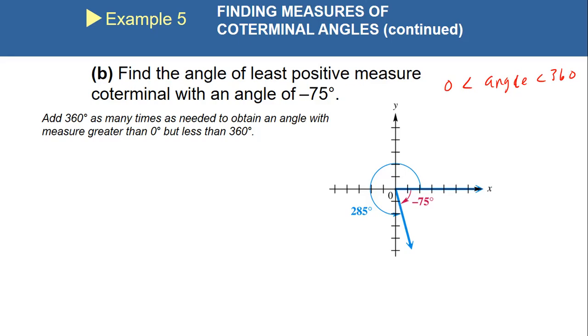So if I'm at negative 75, instead of subtracting, I add 360, and that takes me up to 285. Am I between 0 and 360? Yes. So my stopping point would be 285. There are an infinite amount of coterminal angles because the circle can keep going and coming back to that terminal side. But what it's asking me to find is the one between 0 and 360.